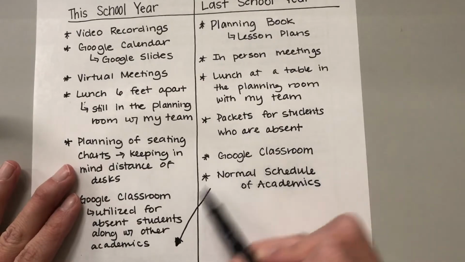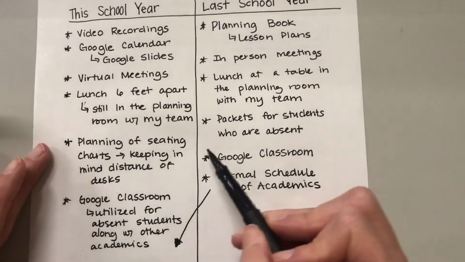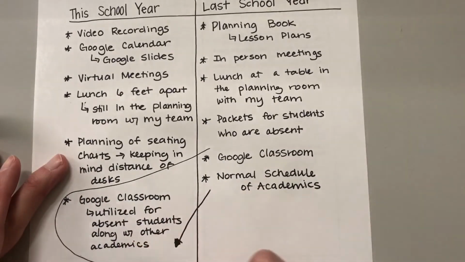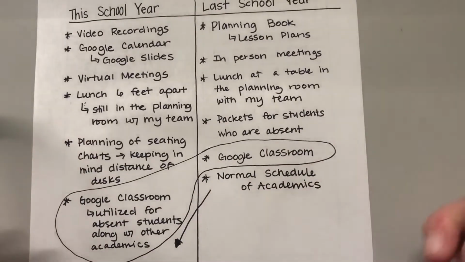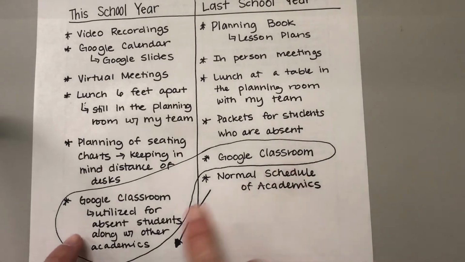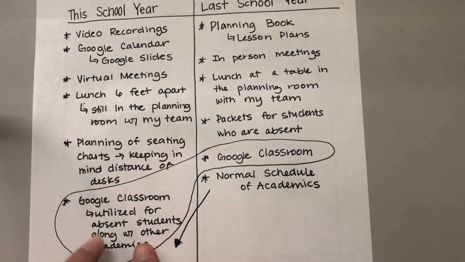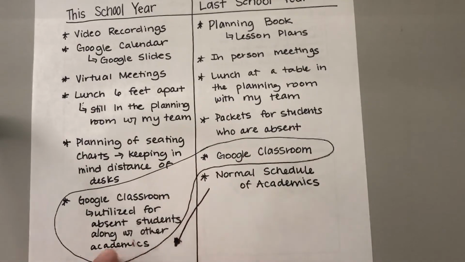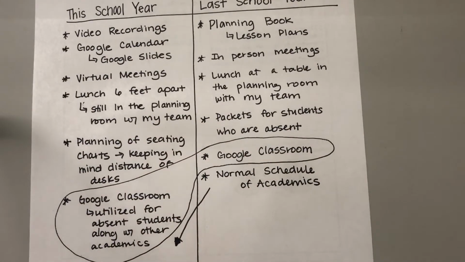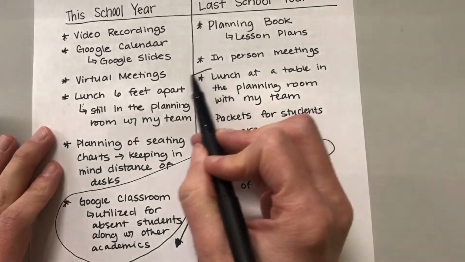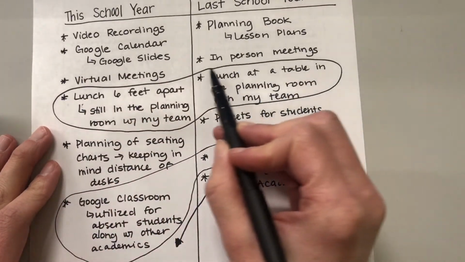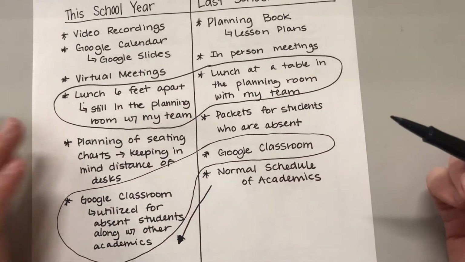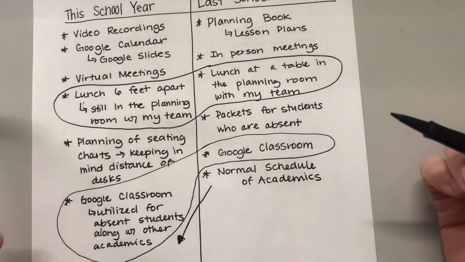So obviously this here is similar. I'm going to circle this Google Classroom because that's both a difference and a similarity within there because of how it's utilized a little differently for my absent students, but yet it was still used for instruction. I'm going to put lunch here, some similarities and some differences within that.